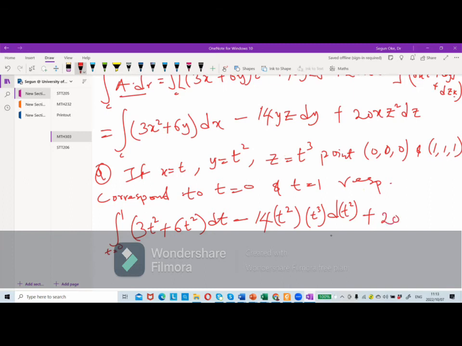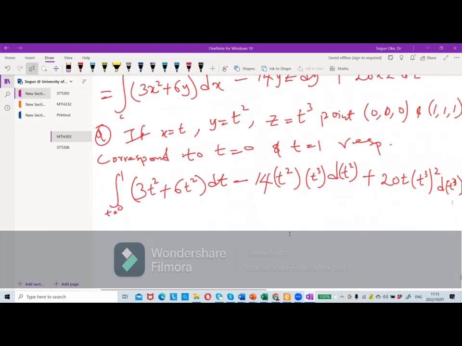Plus 20t, and then t cubed raised to power 2, so t raised to power 3. Any question? I just substituted the way it is. I've not solved anything.